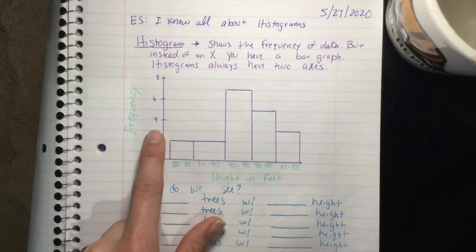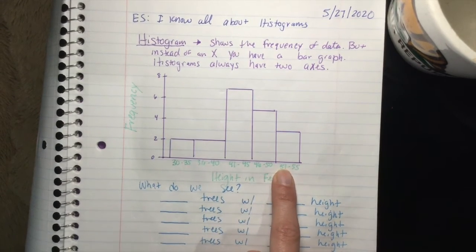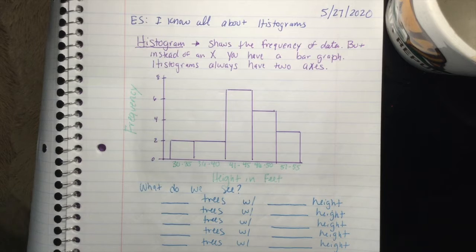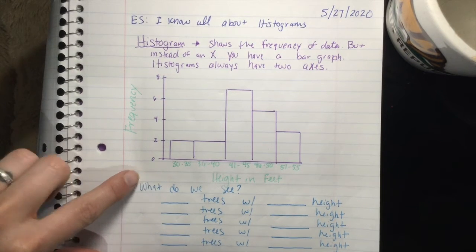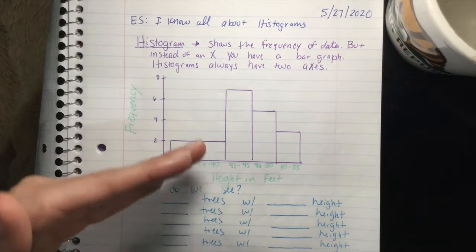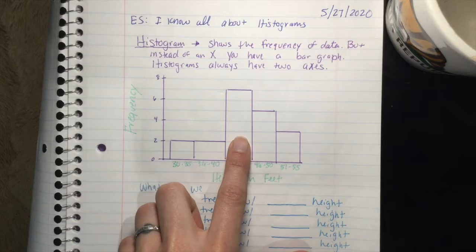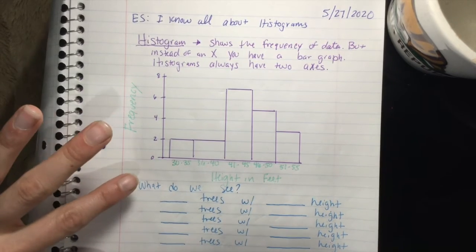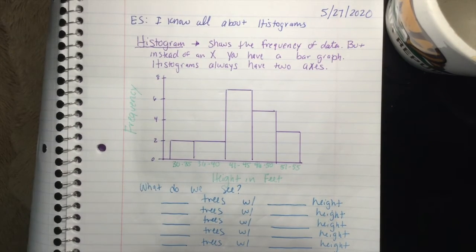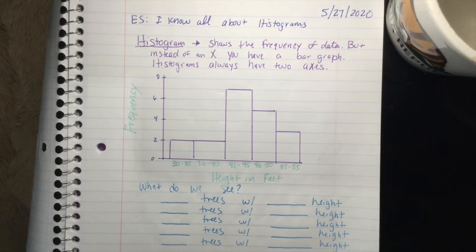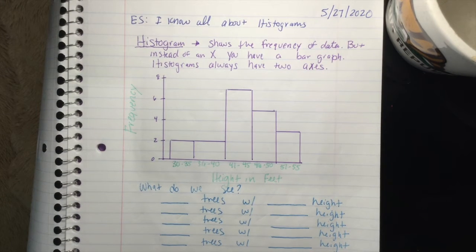And then you have 3 trees from 51 to 55 feet. So it's a really cool way to display how many trees there are and the different heights of them. You can have different types of histograms, but this is the one that I found.